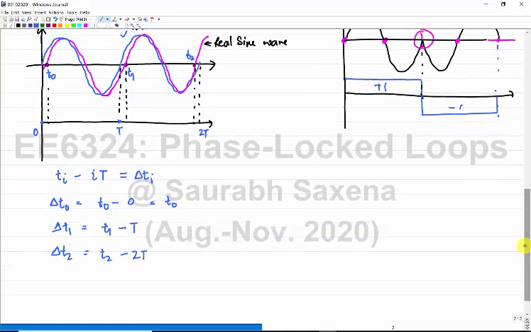What we can say about any system is that in the presence of noise, which is random, this delta t0, delta t1, delta t2 and so on are nothing but random variables.